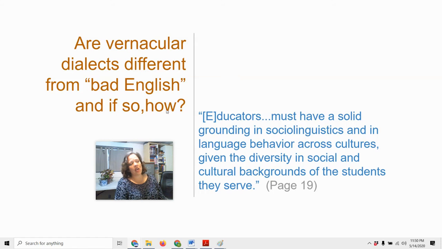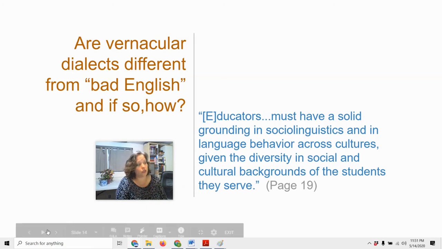So in terms of dialects, we need to remember that, and especially in the areas that we teach, a lot of us serve students from a lot of different backgrounds. And so we really need to understand sociolinguistics and language behavior across cultures.